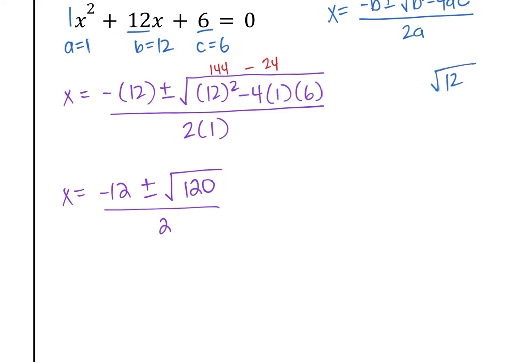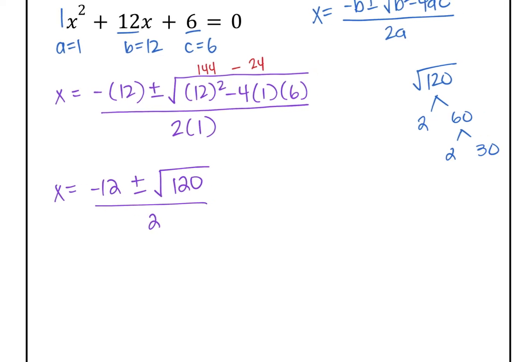So let's make a factor tree. I would do 2 times 60. 60 can be split up again as 2 times 30. Then that would be 2 times 15, 3 times 5. So that's as much as I can split it up. But if a number shows up twice, which it does, there's a 2 there, we can pull it to the outside.